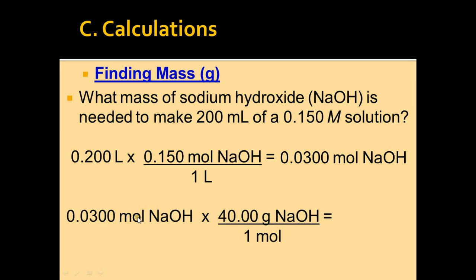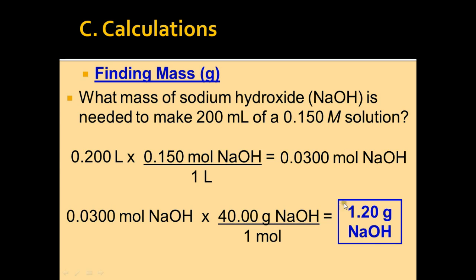So we do 0.03 moles of NaOH, and then we use molar mass, and again, moles cancels out, so moles goes on the bottom, 1 mole always in molar mass, X amount of grams on the top, so 0.03 moles times 40 grams, and then this gives you the gram amount, and we need 1.2 grams of NaOH with 200 milliliters to make a 0.15 solution.